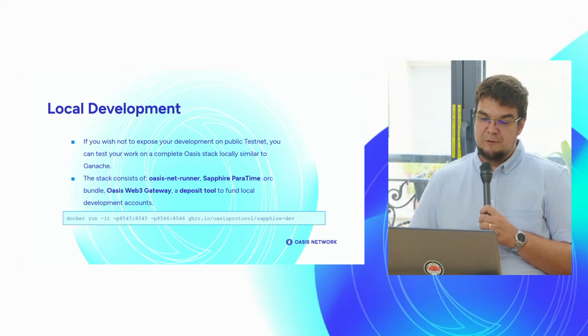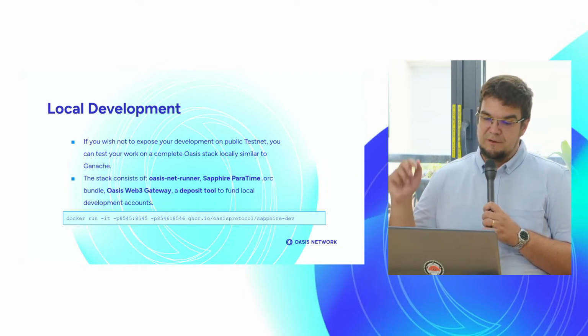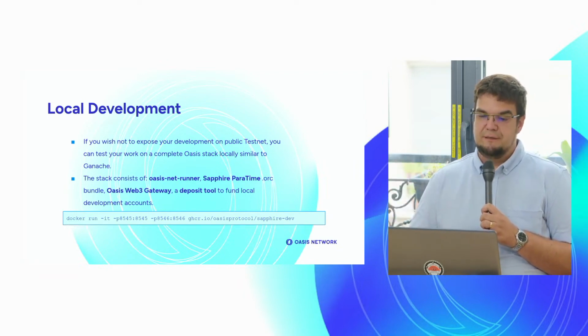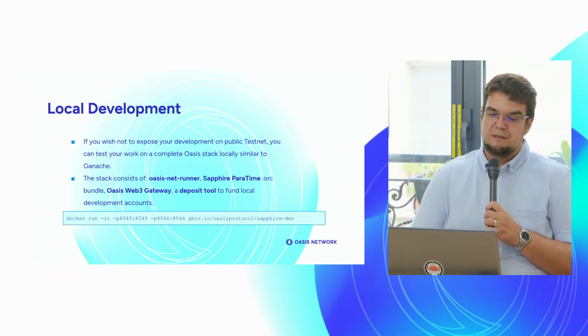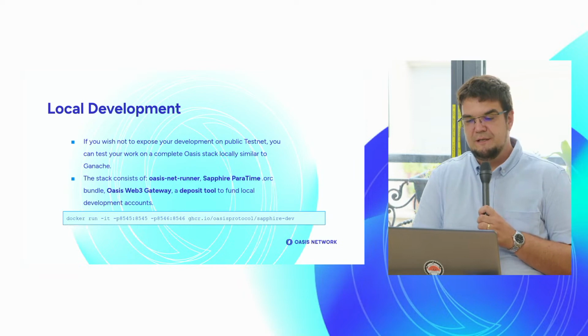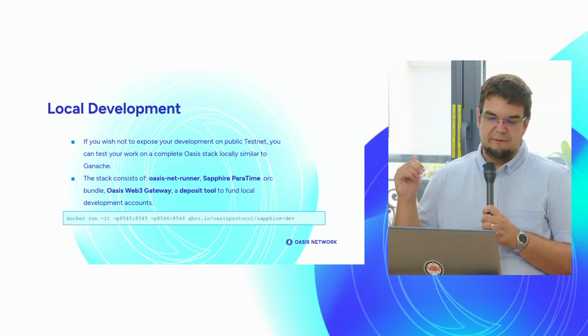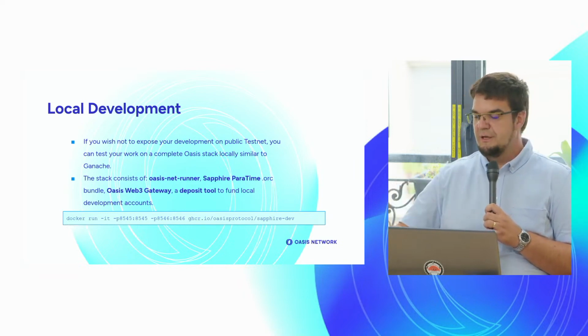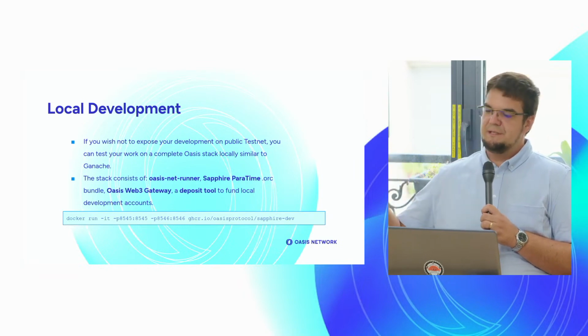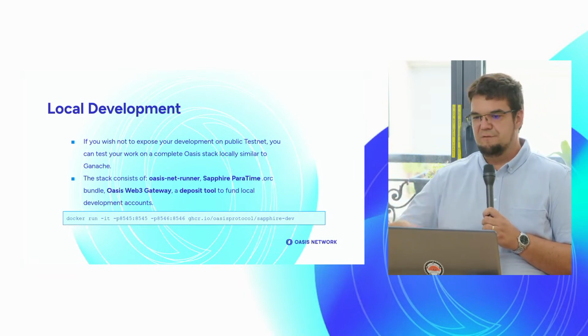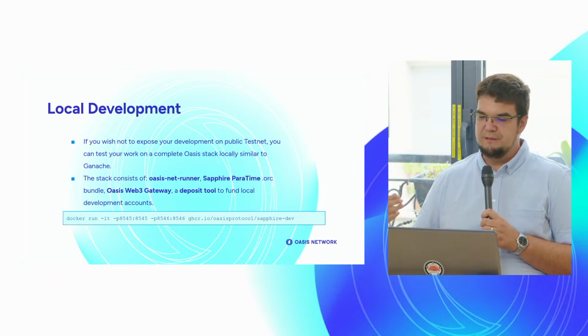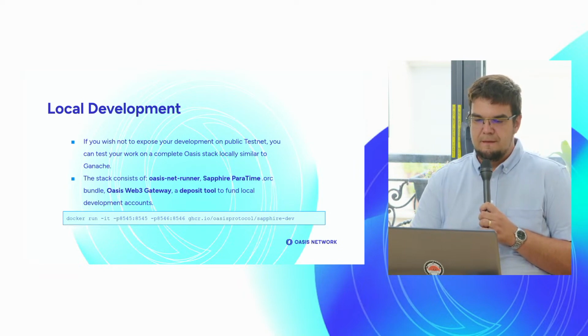But if you're using any precompiles I mentioned earlier, then you will need the fully flavored Sapphire paratime running locally on your machine, and we offer Docker images for this. Basically, it contains everything from the Oasis core node to the 3 compute instances, the Web3 gateway you'll be using, and some helpers to fund basic wallets, so you can actually run your app locally.